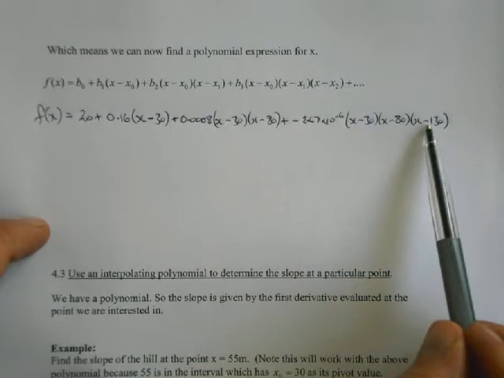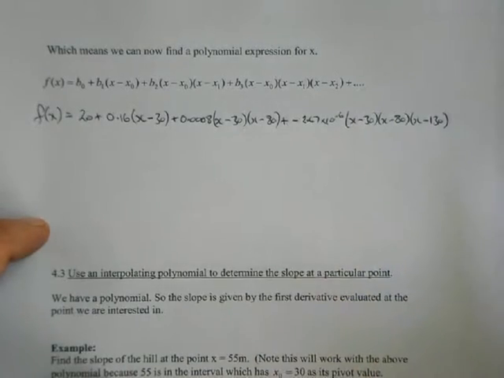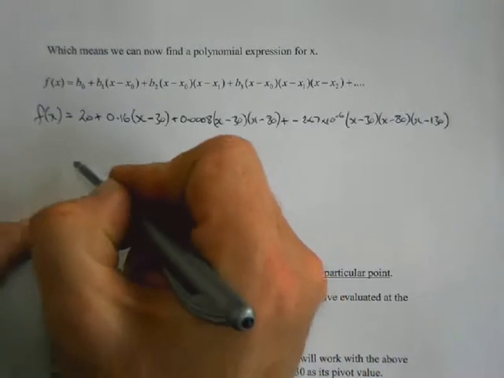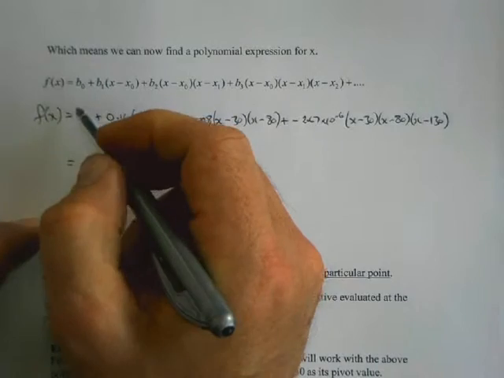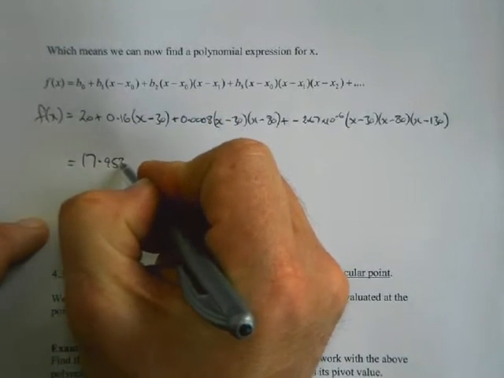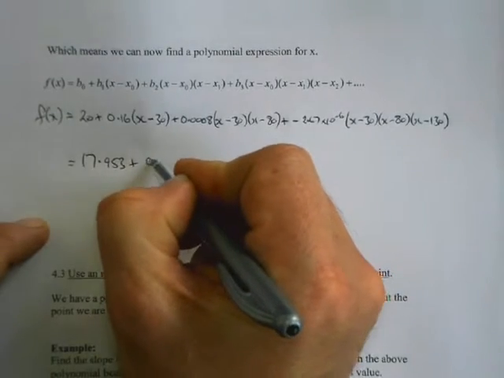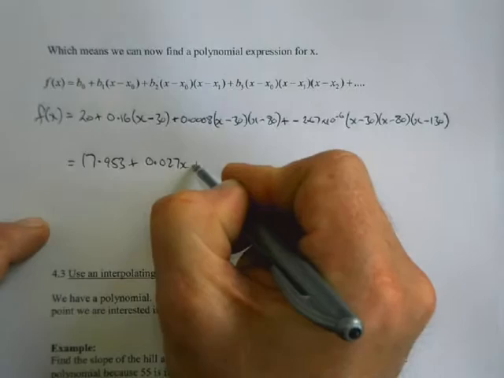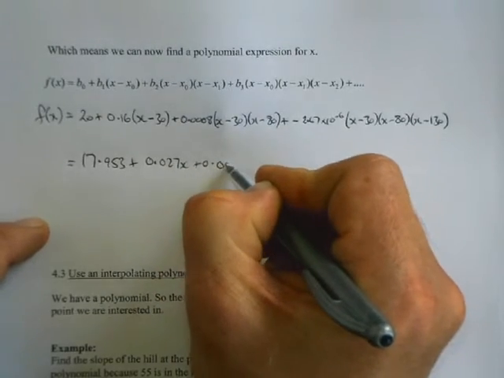And to actually write it a bit more sensibly, it's a cubic, because in this term you're going to get x times x times x, which is x cubed. So if you expand all these brackets out and collect your terms, you're going to end up with a cubic, and the constant term comes out to be 17.953. The x term is 0.27.